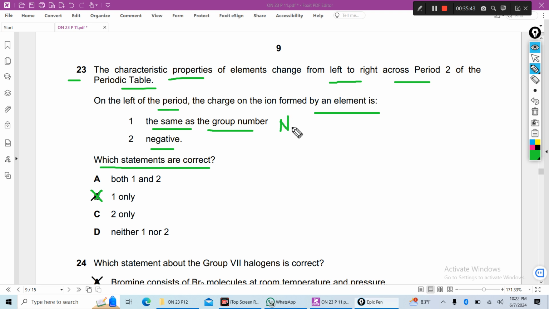Yes, as sodium is group 1, so it's +1. Magnesium, group 2, +2. Aluminium, group 3, 3+. So on the left of the period, all form positive ions as their group number, but negative is wrong, they form positive ions.